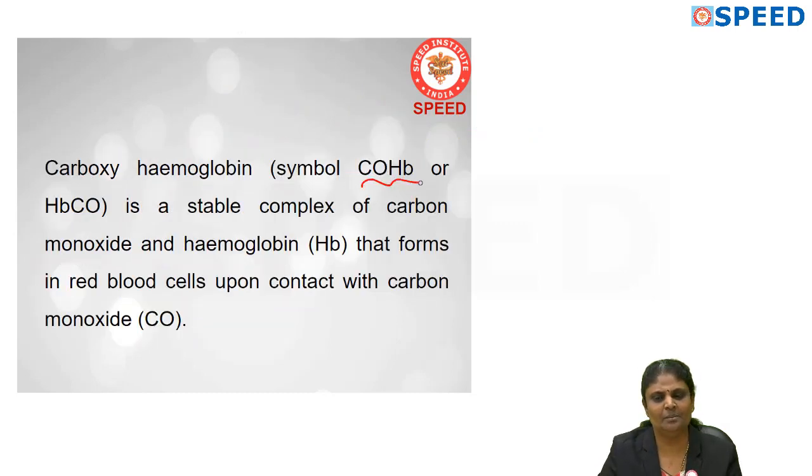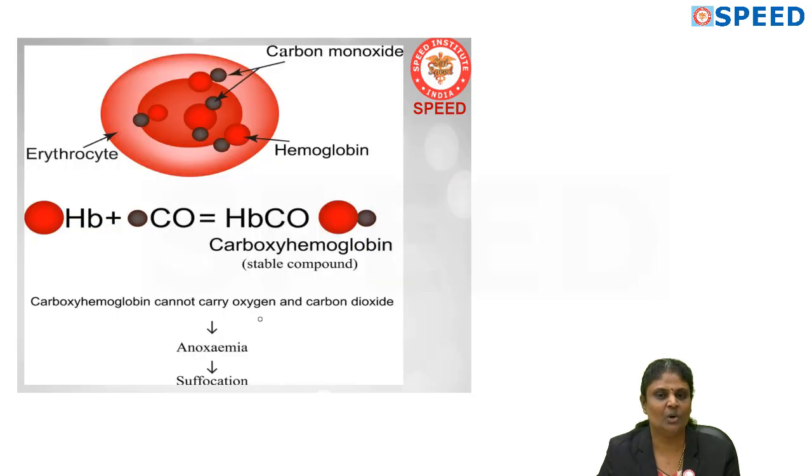Carboxyhemoglobin, this is a symbol, hemoglobin combined with the carbonyl or carboxy group, HbCO. So you write either COHb or HbCO. It is a stable complex of carbon monoxide and hemoglobin that forms in red blood cells upon contact with carbon monoxide. Okay, so this is impure blood and then toxic also.